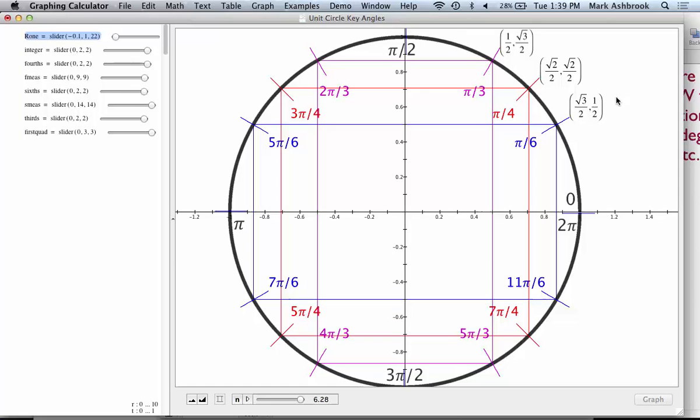Okay, so just real quick, what is the sine of 5 pi over 6? Corey, can you tell me the sine of 5 pi over 6? 1/2. You want one positive or negative? Positive 1/2. Good. Okay.